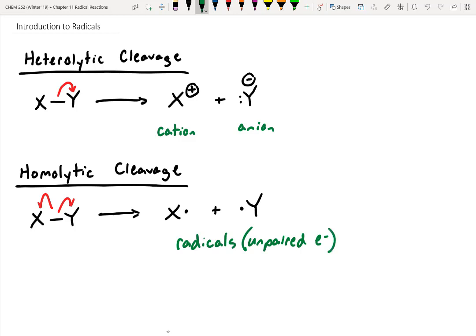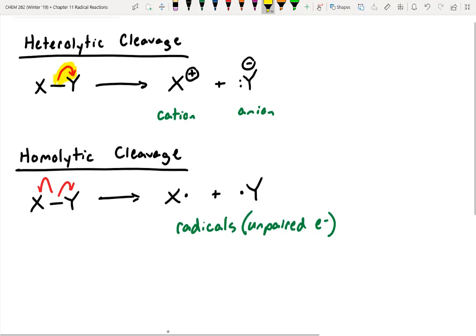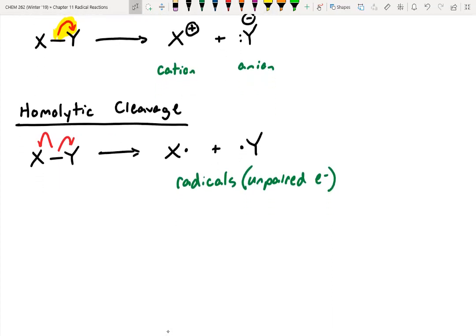All right, if you notice, the arrows that I used were very specific for the situation. In the top one with heterolytic cleavage, we used a double-headed normal arrow, meaning that red arrow up here. However, in the lower one, I used a fishhook arrow, meaning it only had one side of the head. Anytime you see a single-headed arrow, that indicates that you have movement of one electron, not two electrons, as with a double-headed arrow. So let's make a note of that.